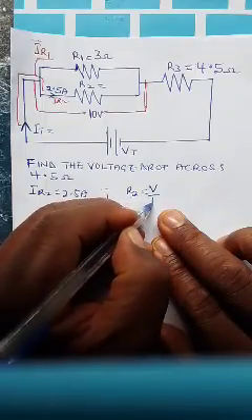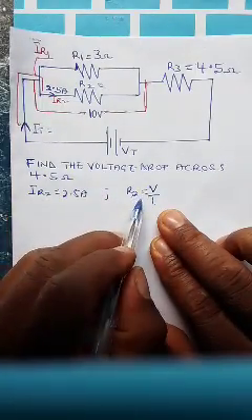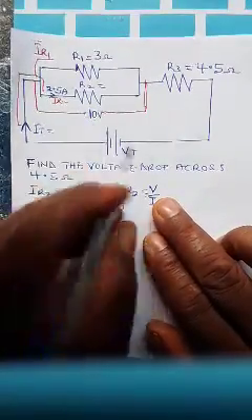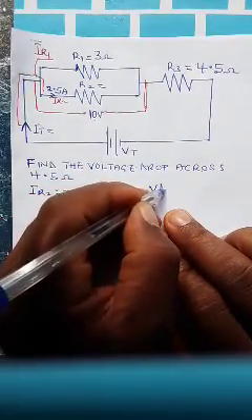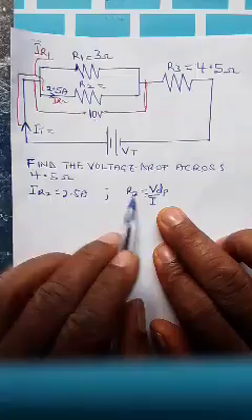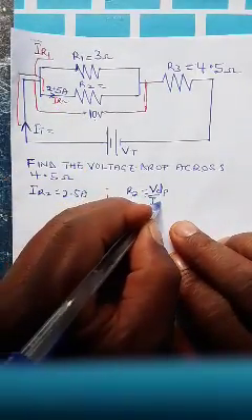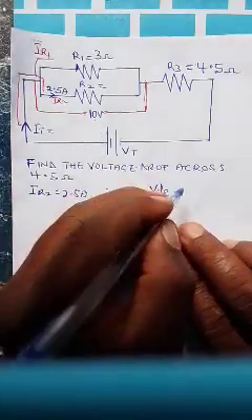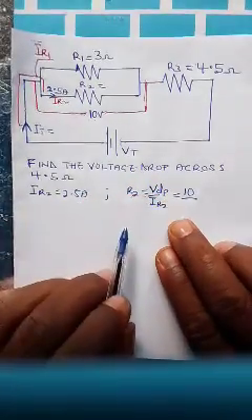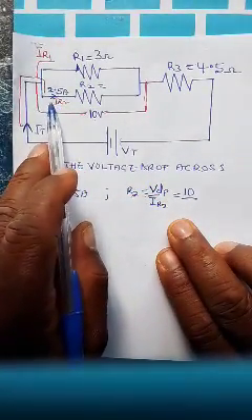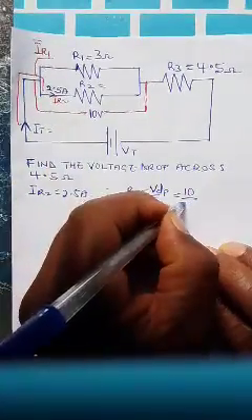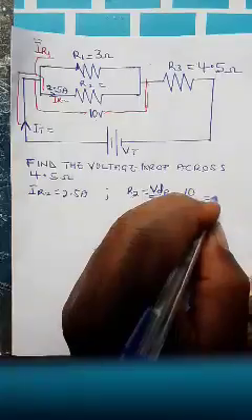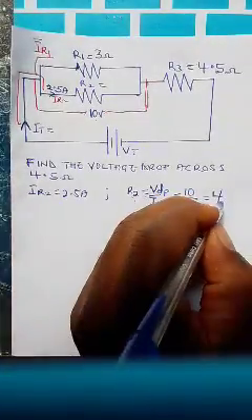Voltage is equal to current times resistance, so resistance is equal to voltage over I. That is 10 over 2.5, so 10 divided by 2.5 will give us 4 ohms.